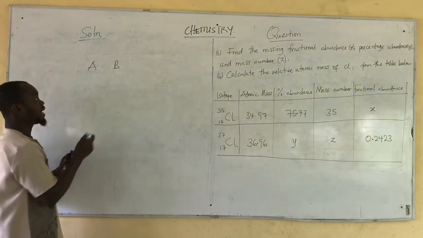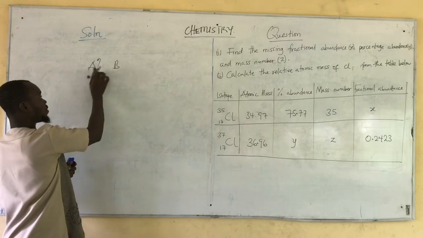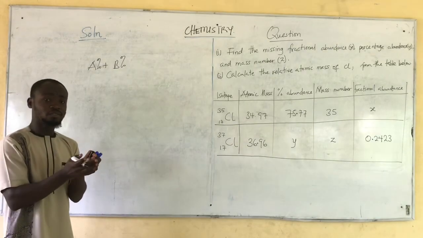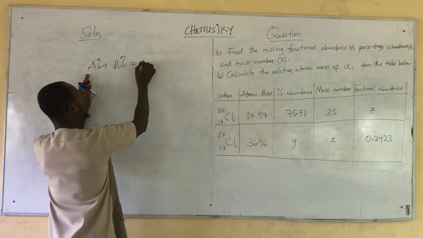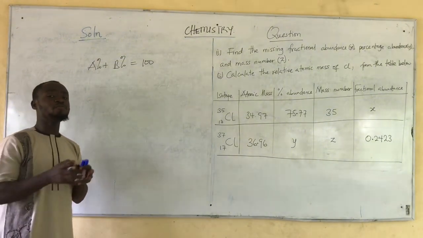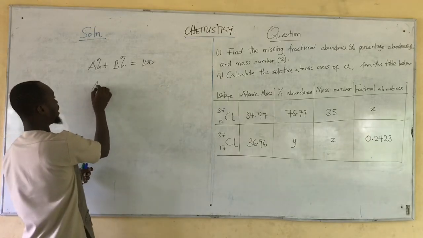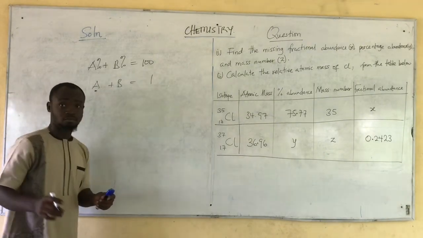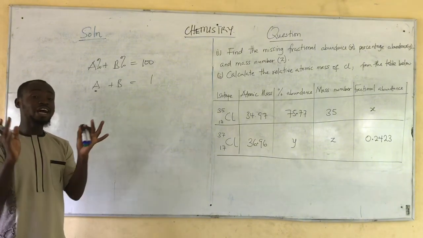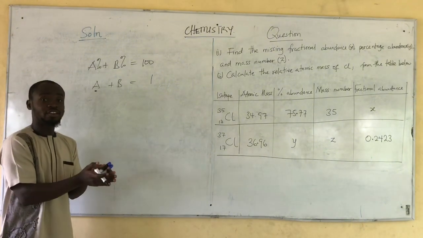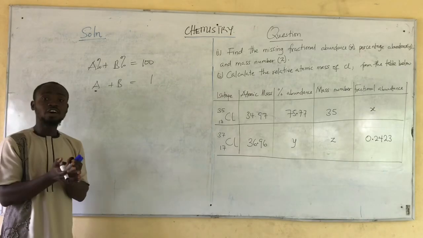So when we add the abundance of A plus the abundance of B, if it's in the form of percentage, it should give us 100. If it is expressed in fraction, when we add the abundance of A and the abundance of B, it should be equal to 1. If it is percentage, the total should be 100. If it is fraction, the total should be 1.